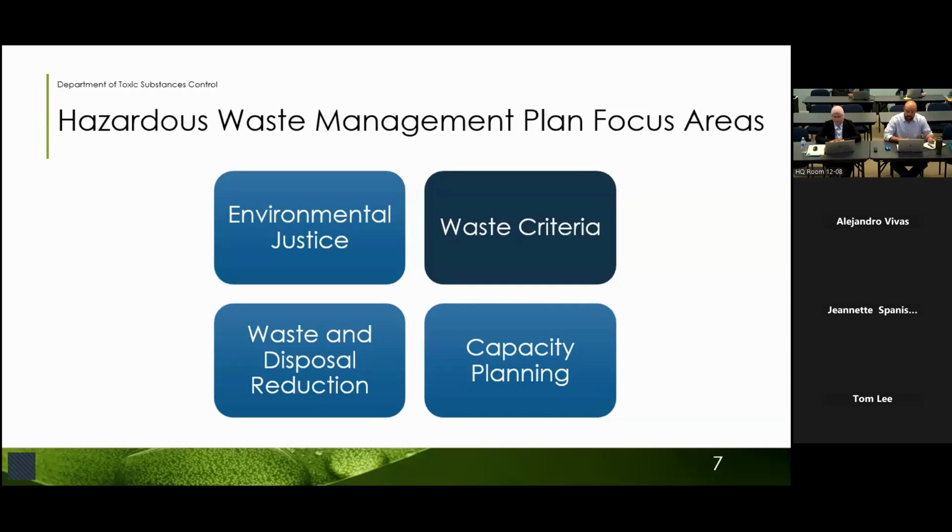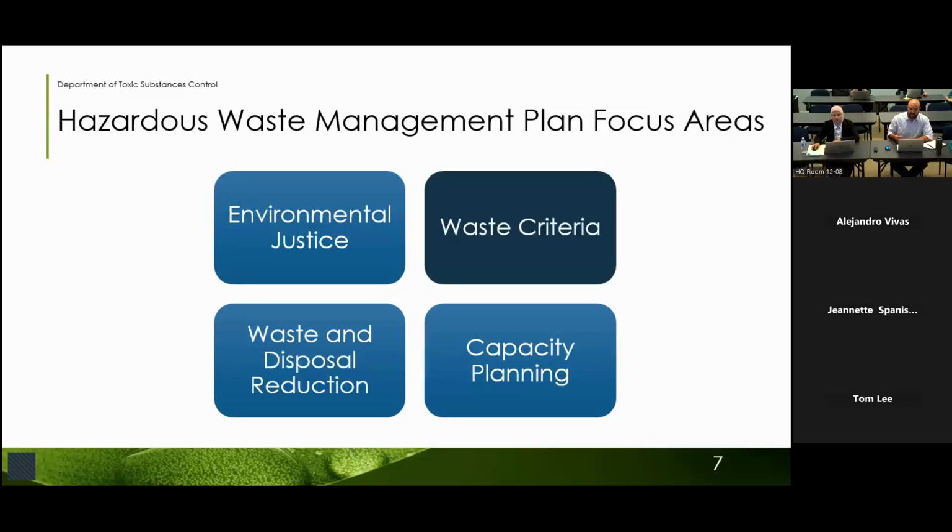Secondly, DTSC is required to assess whether California's hazardous waste identification criteria provide necessary and effective protection. DTSC is supposed to use that analysis to develop recommendations regarding wastes that are hazardous only in California, which may be managed under different standards while remaining protective.